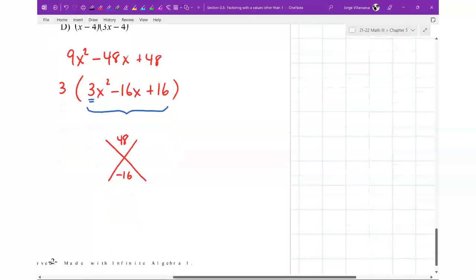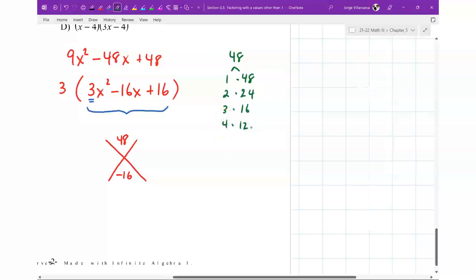So let's look at the factors for 48. What do we have? 1 and 48, 2 and 24, 3 and 16, 4 and 12, yep. And what else?